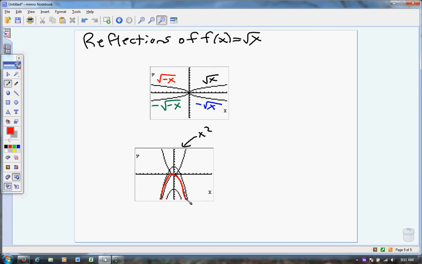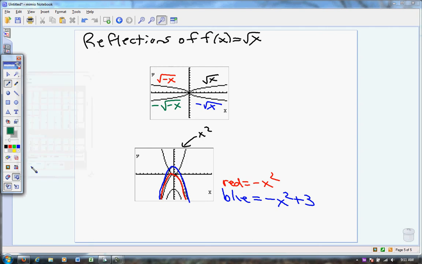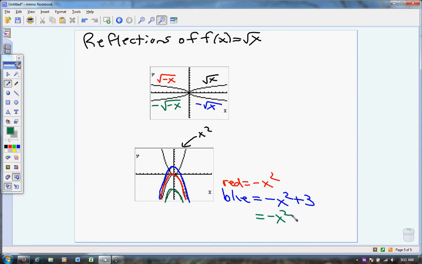This red one is negative x squared. The blue one, and you can label them 1, 2, 3, whatever you want to do, but this is just how I'm doing it, is negative x squared plus 3. And then the Christmas green one, this one down here, is negative x squared minus 6. Okay, so however you want to label those in your notes, that's up to you.